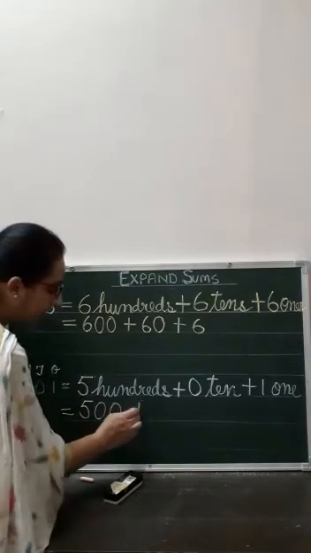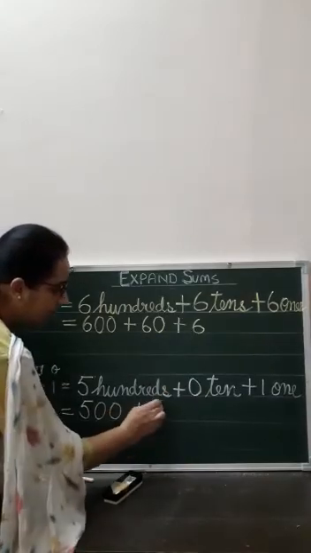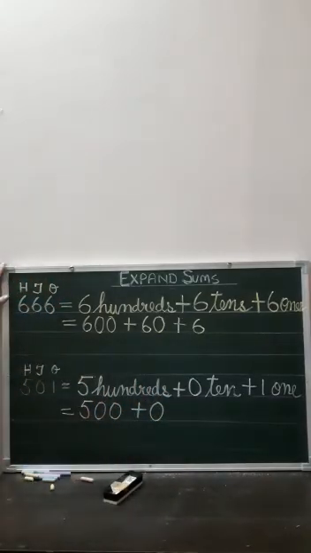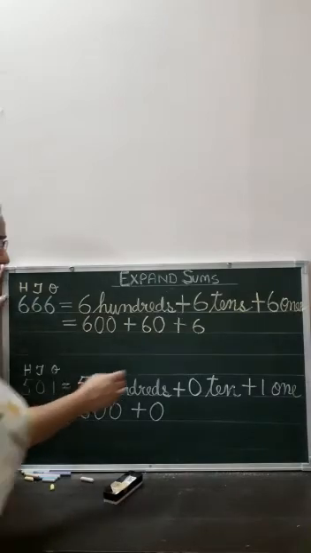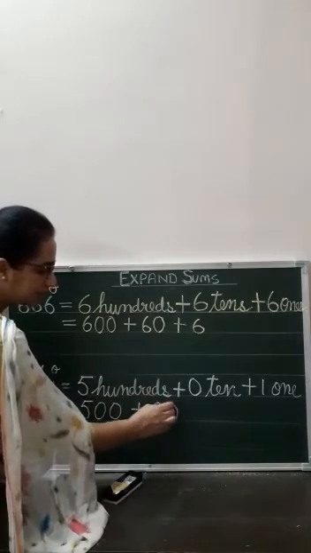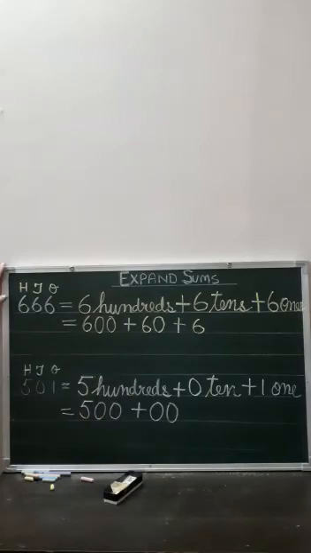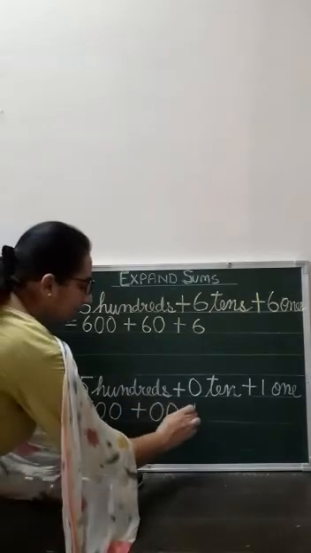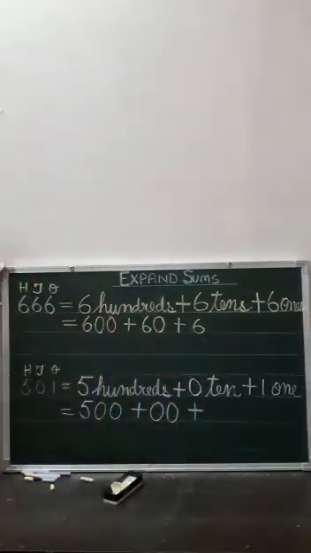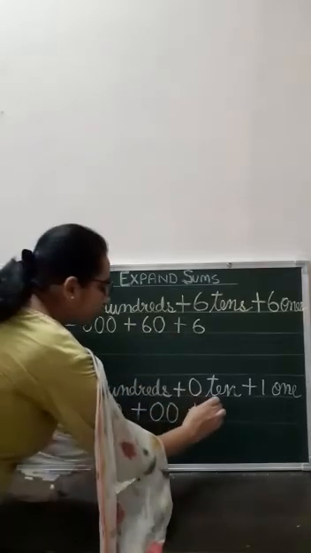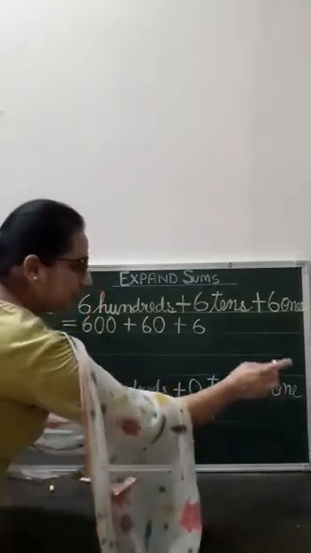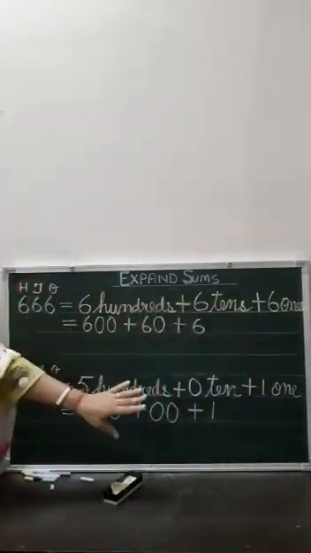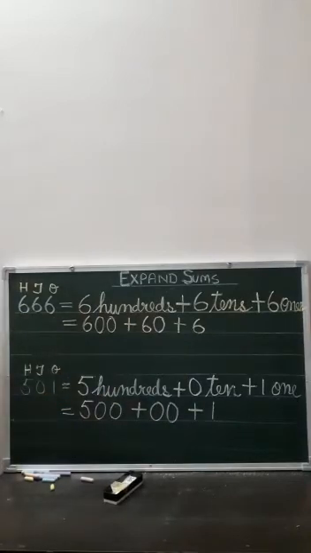Next, 10. How many zeros are there in 10? Only 1. We can write 0 along with it. Then 1. Is there any 0 in 1? No. So we can write only 1 here. This is all about sums.